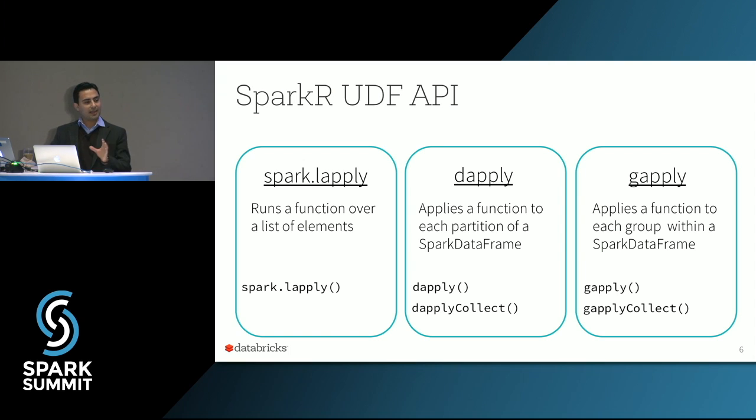So let's look at more details of each one of these. I'll explain what it does, basically the semantics, and then I'll show how it does it, so we understand what happens under the hood.